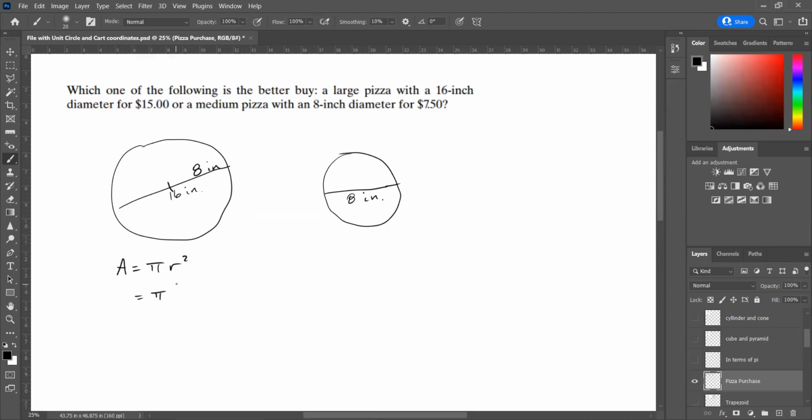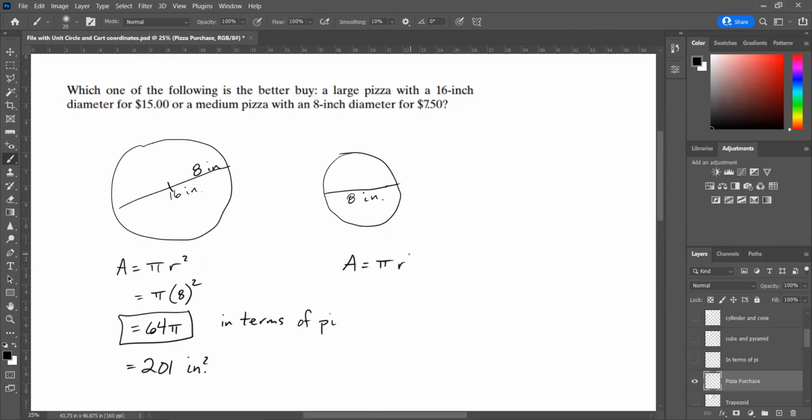So this is pi times 8 squared, which is 64 pi. Now sometimes they want me to leave it like that. If they say in terms of pi, I leave pi in the answer. If they don't say that, then I'll do 64 times pi, and that gives me 201 square inches. So there's the area of the large pizza.